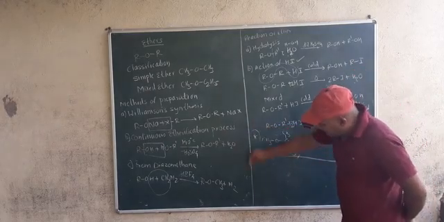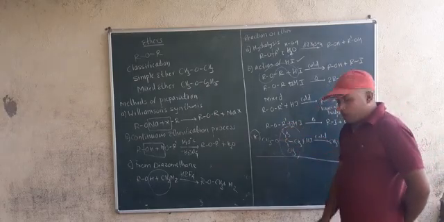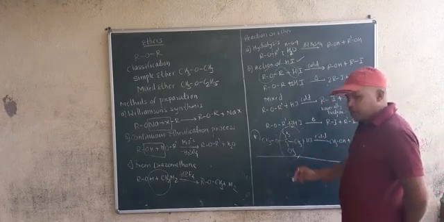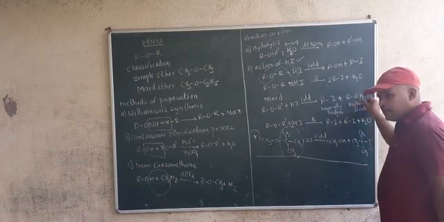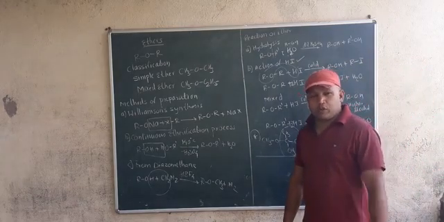But here I have made a star. If one of the R groups in a mixed ether is tertiary, usually you get the lower alkyl halide and higher alcohol. But when one of the groups is tertiary, you will get the opposite.